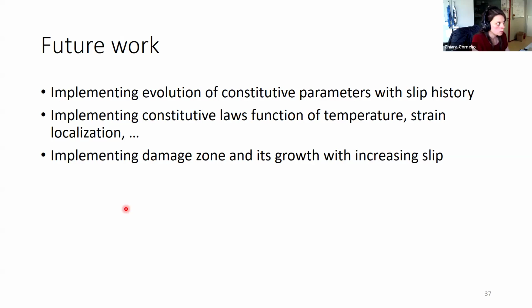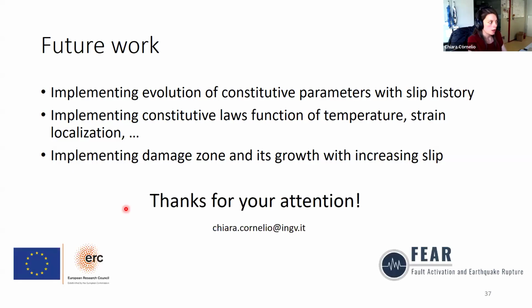We would also like to implement constitutive laws that take into account what we see in the experiments, such as the increase of temperature during sliding, the strain localization, or for example chemical reactions that can happen during dynamic weakening. It would also be nice to look at how the presence or not of a damage zone around a hypothetical fault can have an influence on rupture propagation. And with this, I thank you for your attention.